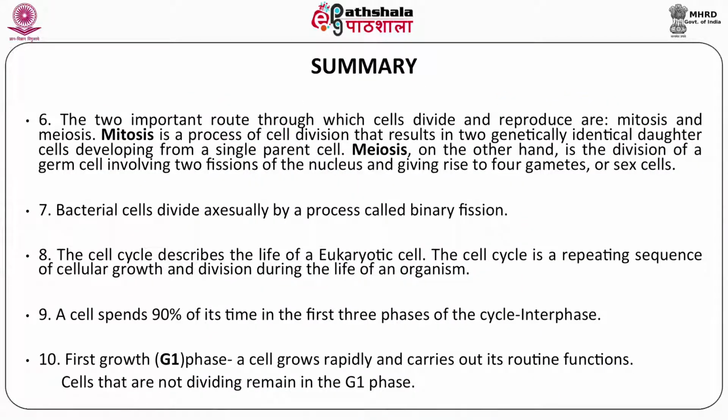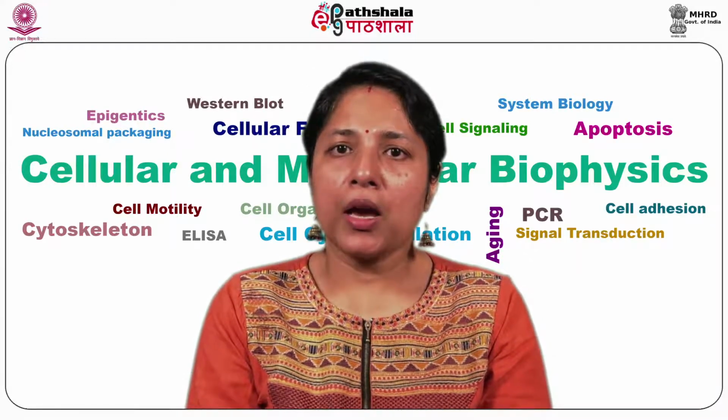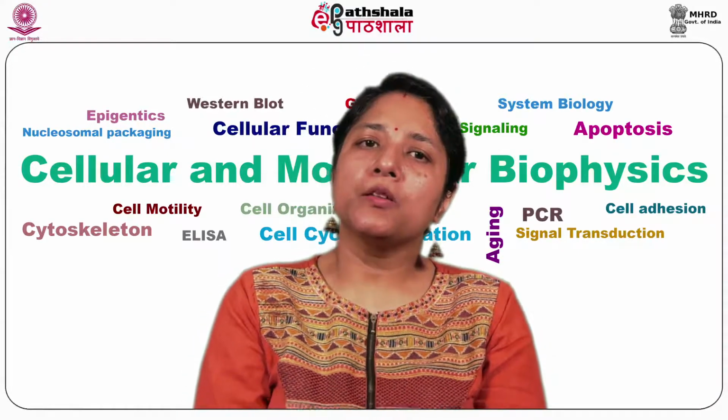Mitosis is a process of cell division that results in two genetically identical daughter cells developing from a single parent cell. On the other hand, meiosis is the division of a germ cell involving two fissions, giving rise to four gametes or sex cells. Bacterial cells divide asexually by a process called binary fission.